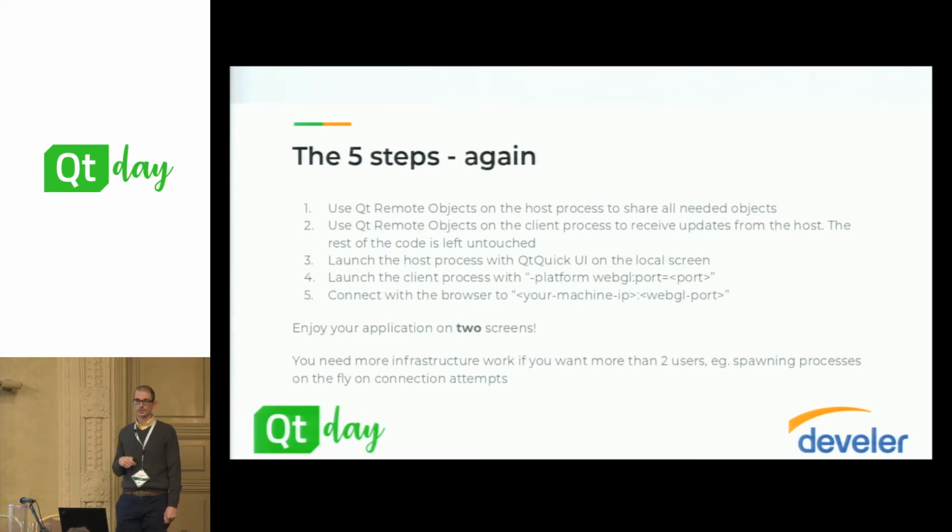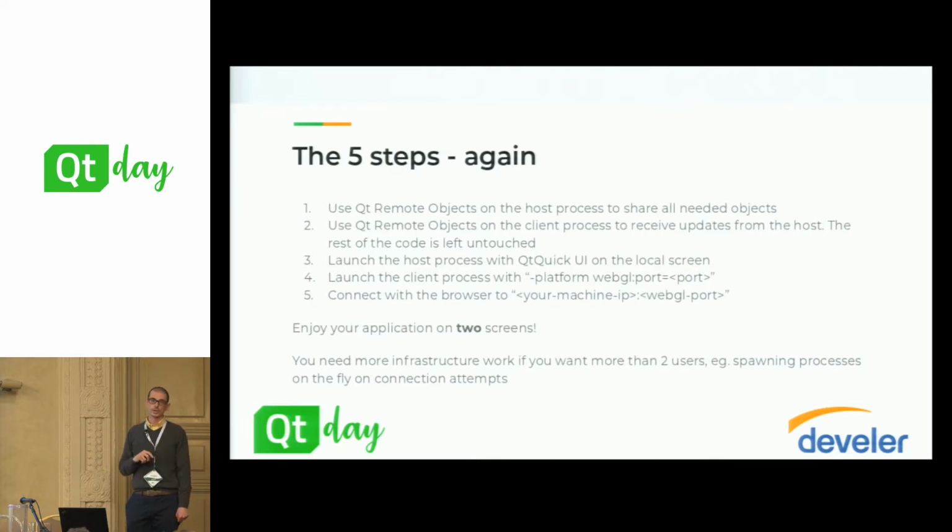You launch the process with the Qt Quick UI on the local screen. Then you launch the client process with platform WebGL, okay? And then you can connect the browser to the client process.